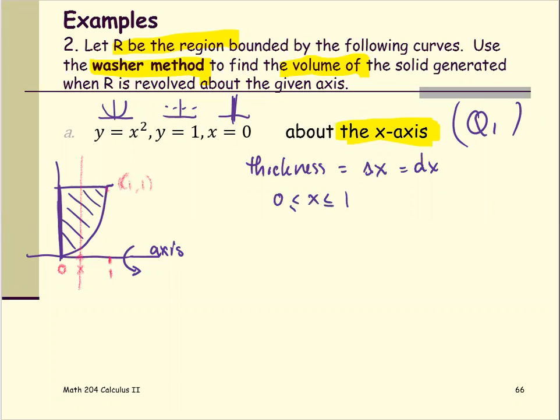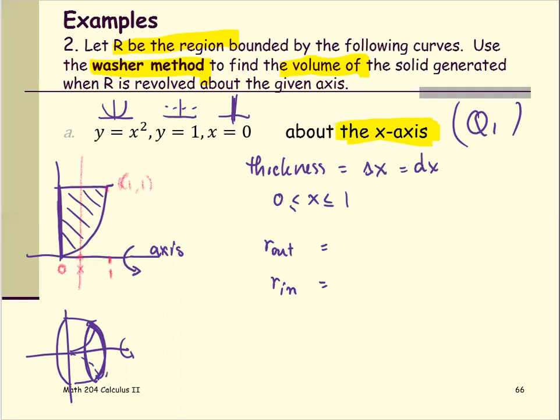The next part, you find the outer radius and the inner radius. I put R out, the outer radius, and the inner radius, which we're going to determine in a minute. When you rotate it, the figure will become something like this: this is the original one, rotated, forming a solid that looks similar to this.